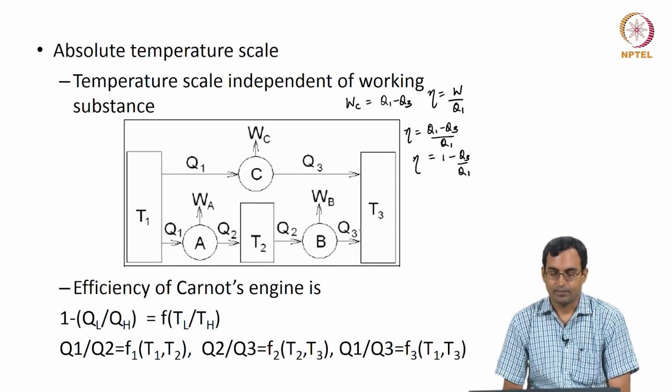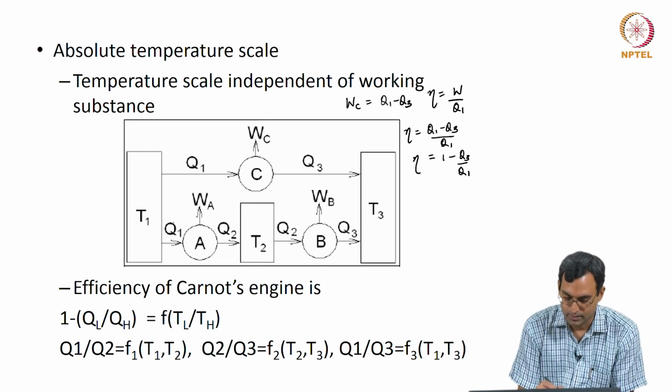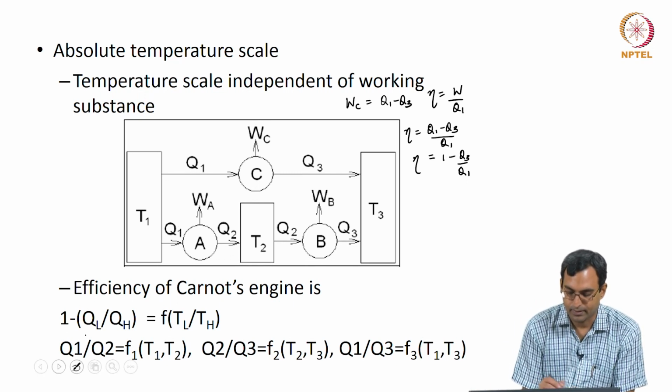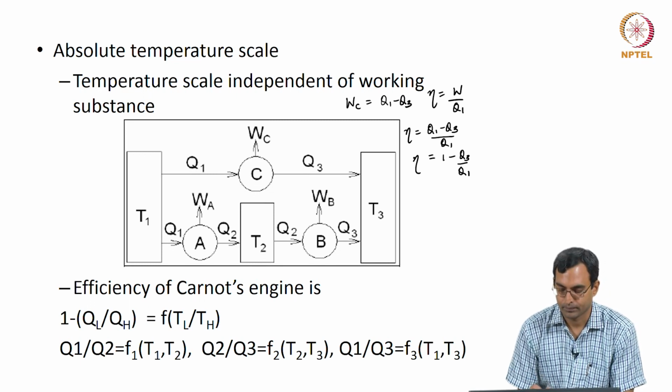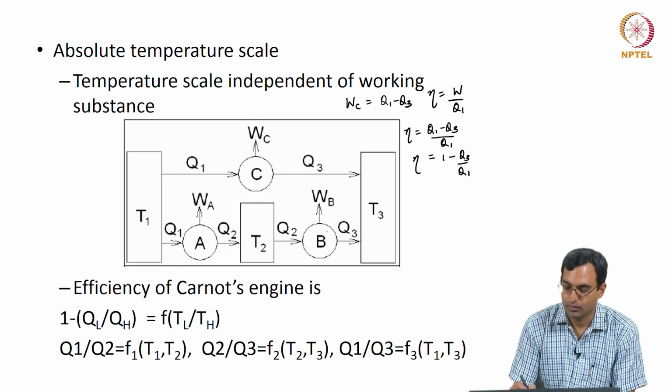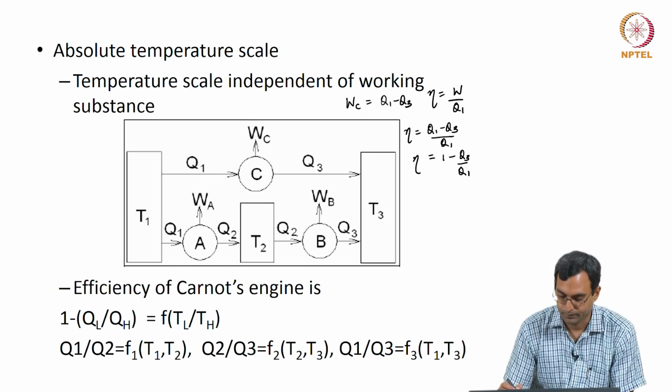So, if I took the efficiency of this Carnot engine, what I would get is that the efficiency of this is essentially 1 minus Q2 by Q1. The efficiency of this engine would be 1 minus Q3 by Q2 in the same fashion.